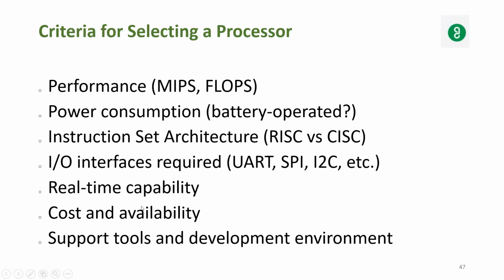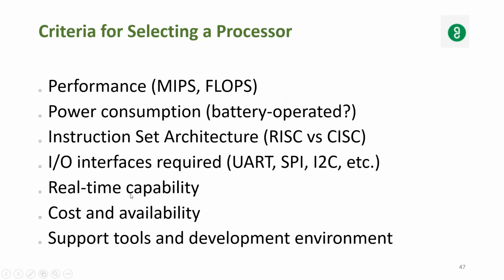Cost and availability. If it is a toy, in that case, you can just use an 8-bit processor with small memory. The cost will be very cheap, and you will have availability of the processor also.